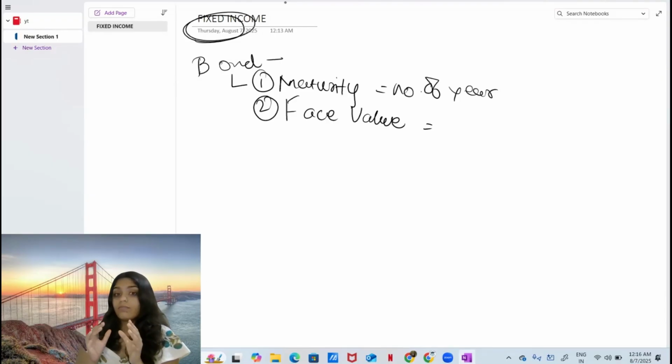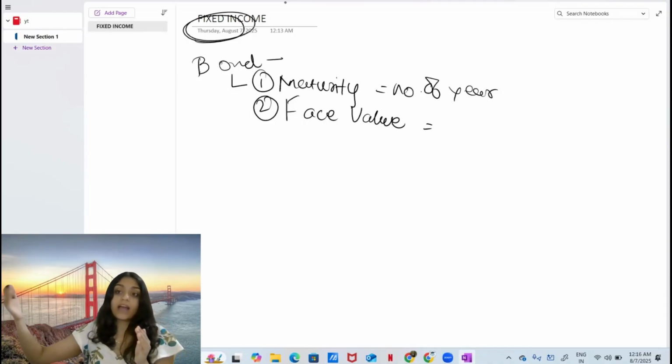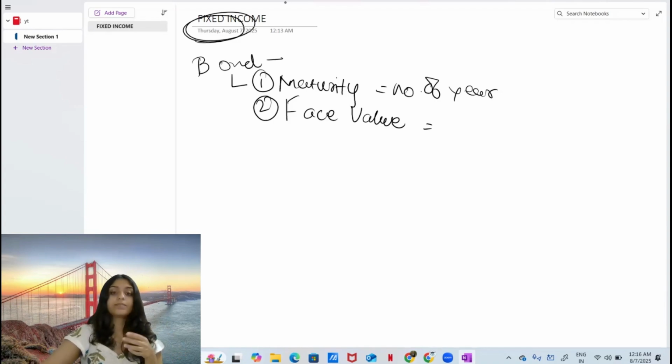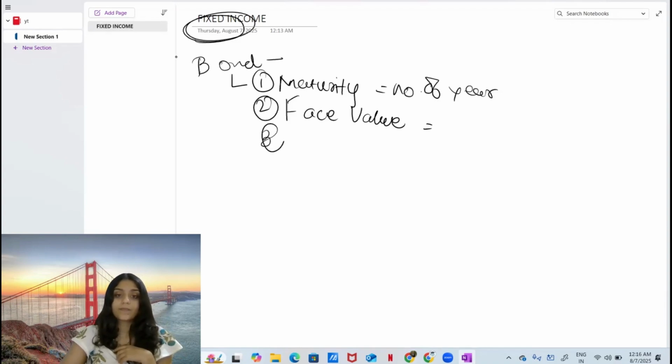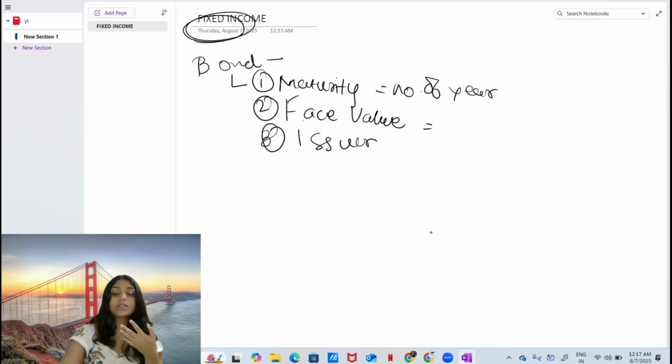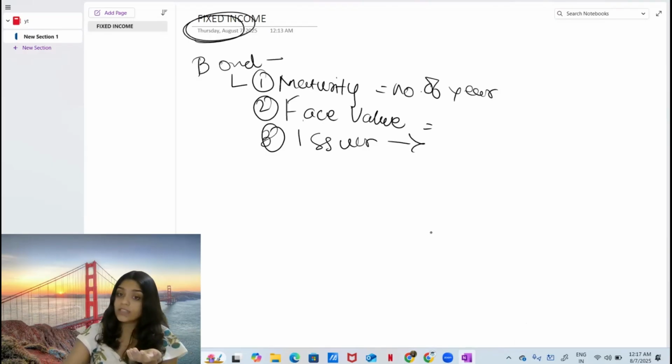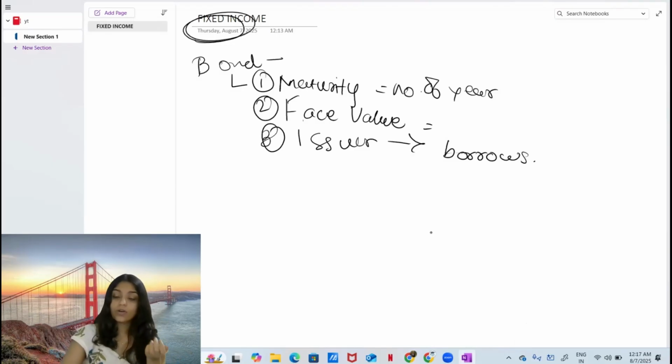That means that face value is the amount which you'll get back after 5 years. Then third is issuer. So, who is the issuer? The one who issues the bond, that is the one who borrows the money, is the issuer of the bond.